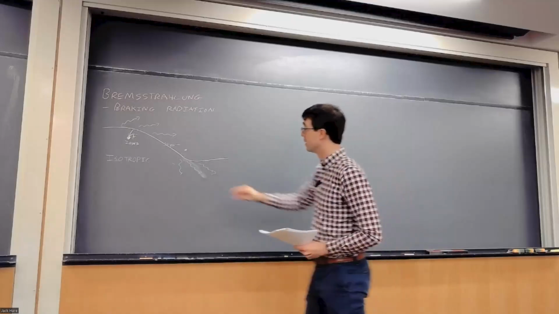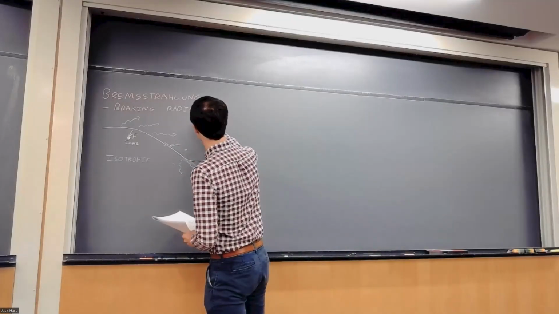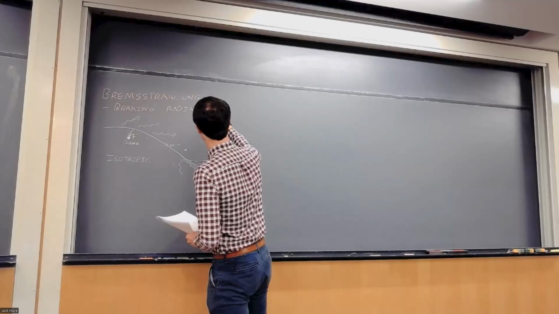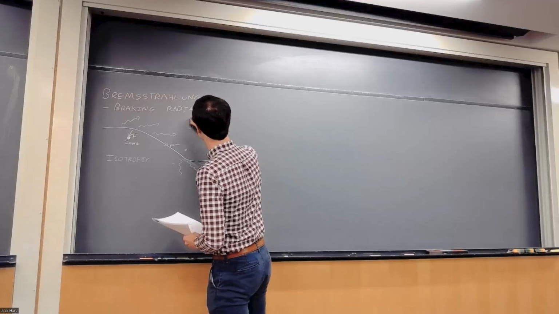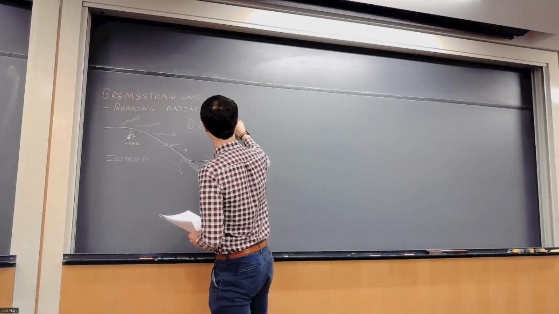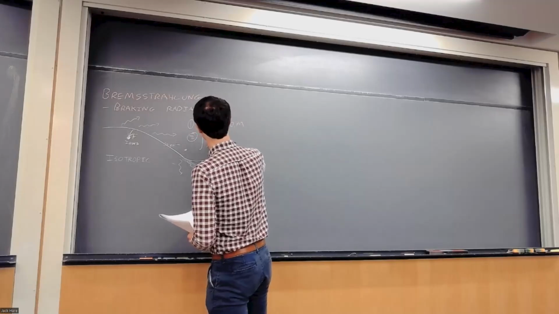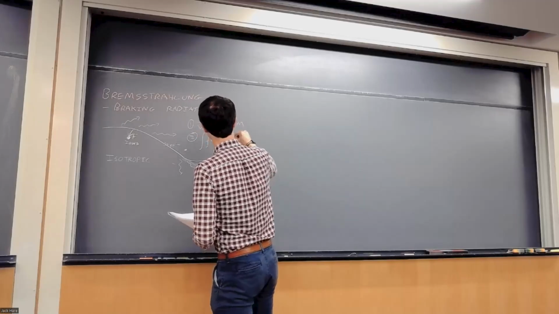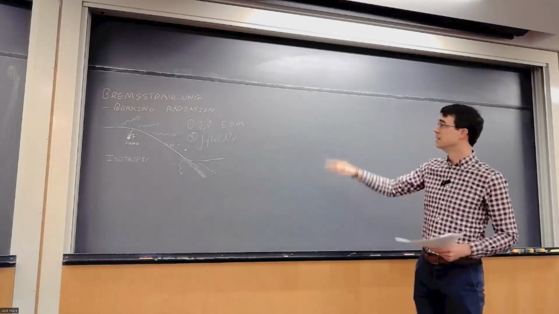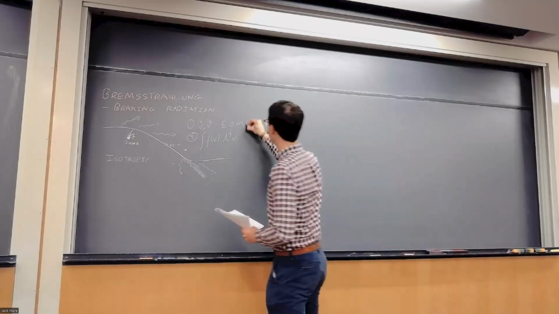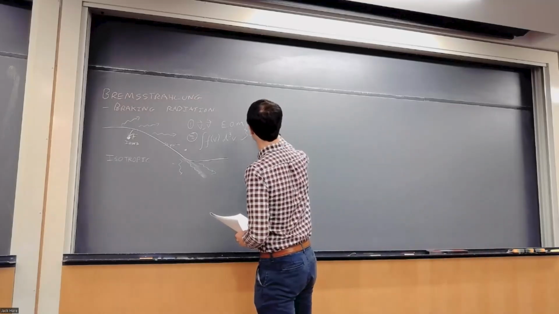To do the actual calculation, remember we said we wanted to have v and v dot. That was our first thing, by solving the equation of motion. And then we want to integrate over the distribution function f of v, d3v. That would give us the emissivity, that is the input that we're looking for here.